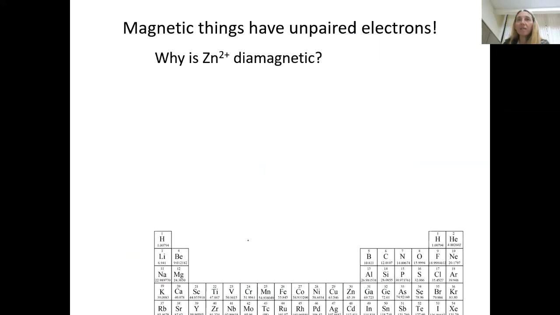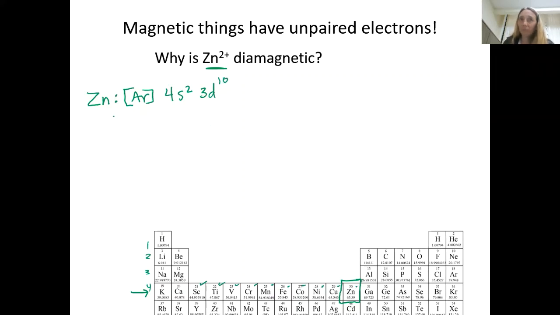So another example of this is zinc 2 plus. Okay, so here's zinc. And zinc has an electron configuration of argon, 4s2, 3d, 1, 2, 3, 4, 5, 6, 7, 8, 9, 10.